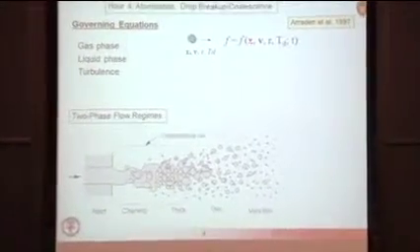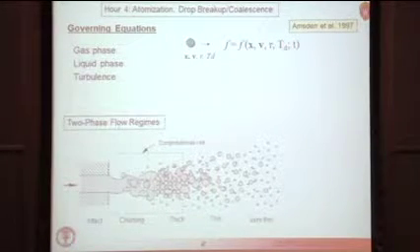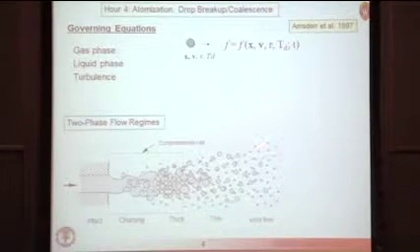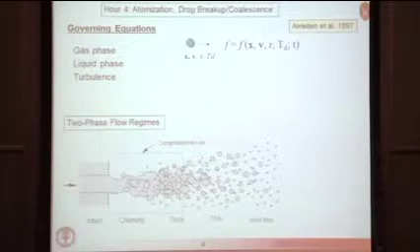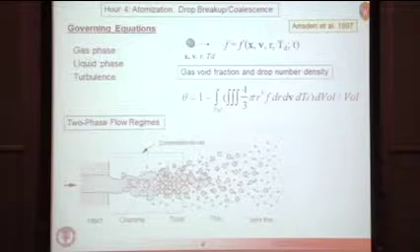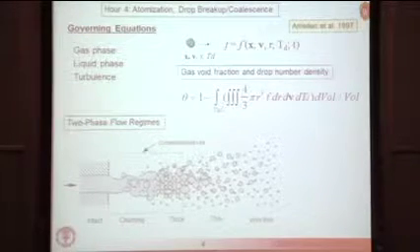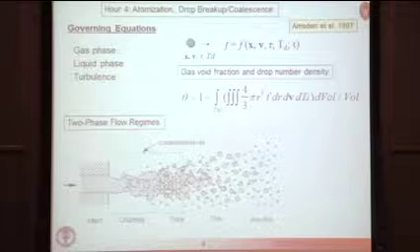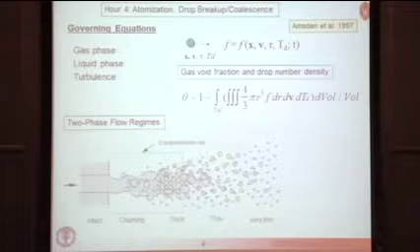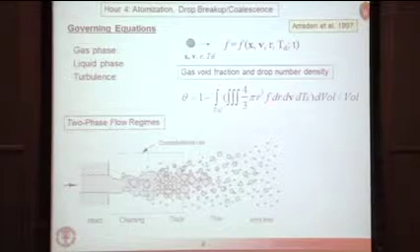So if you think about it, there's 3, 6, 7, 8. We've got 8 plus time, 9 independent variables to describe what goes on inside a spray. So it's quite a multidimensional problem. If you knew this distribution function and you integrated over all of the independent variables times, say, the volume of the drop, you could determine, for instance, the gas void fraction or drop number density, using an expression something like this.